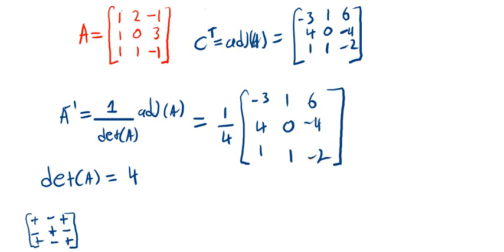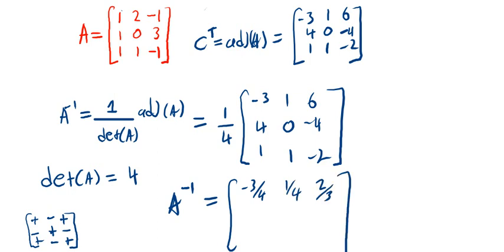So the inverse of A is going to be minus 3 over 4. This will be 1 over 4. This is going to be 6 over 4. In fact, that would be 3 over 2, not 2 over 3, because 2 into 6 is 3, then over 2 there, like that.